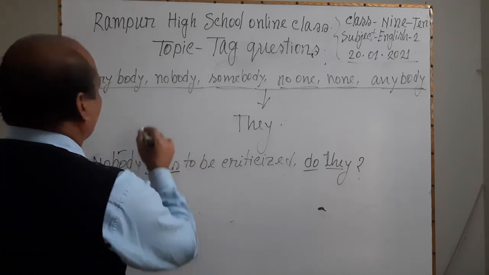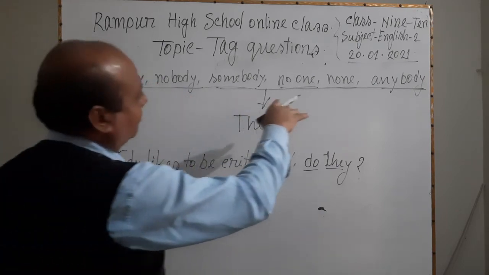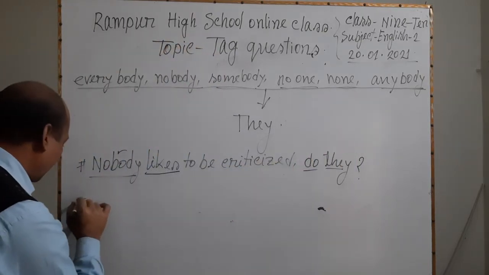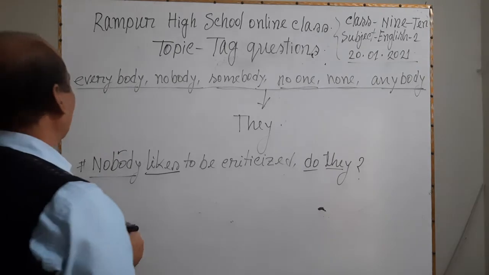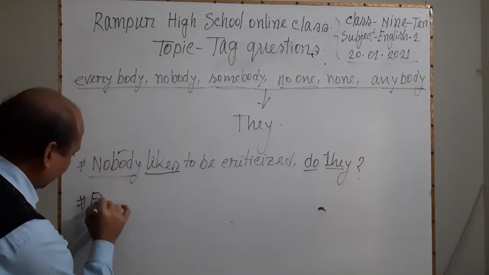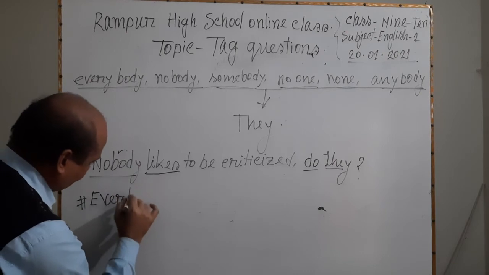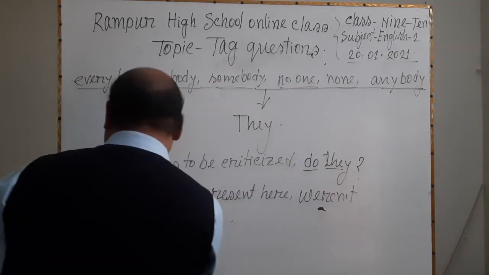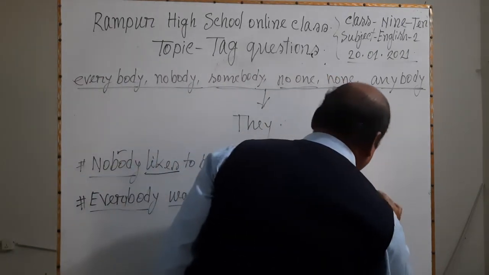Dear learners, I think you have understood the rules here. For your better understanding, I will show you another example. Everybody, then for everybody, they.